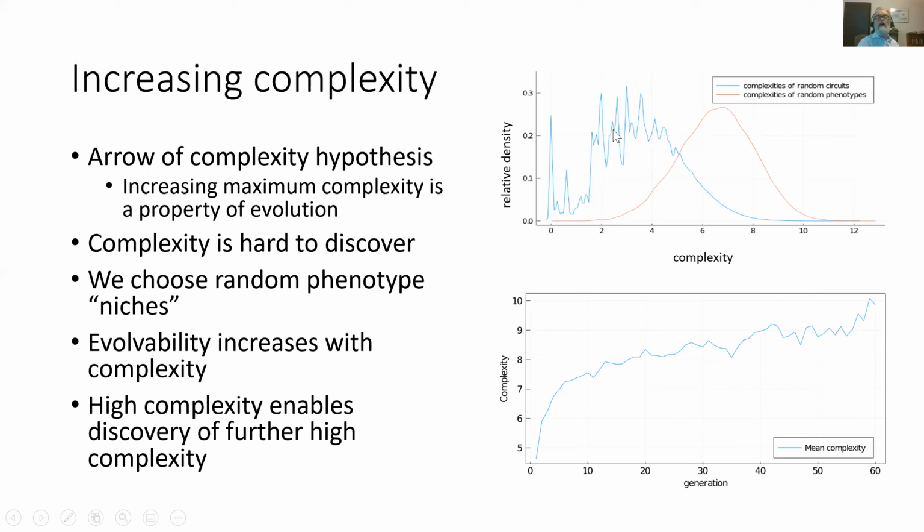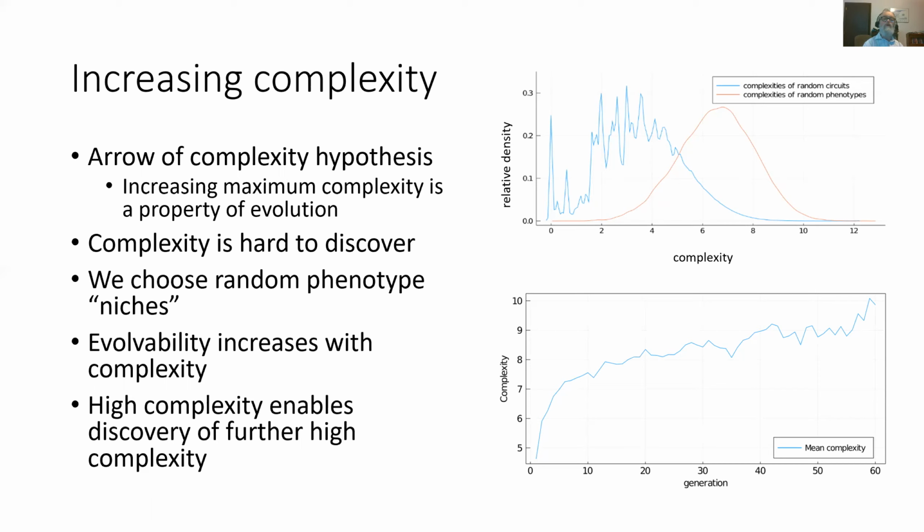But if you take a random phenotype, it is likely to have complexity between 5 and 10, much higher complexity.